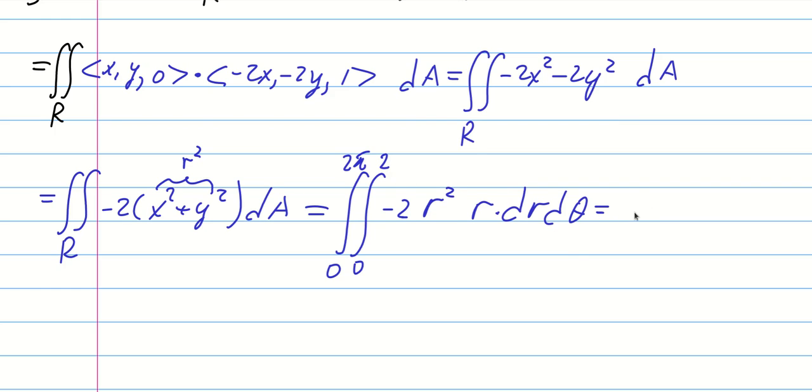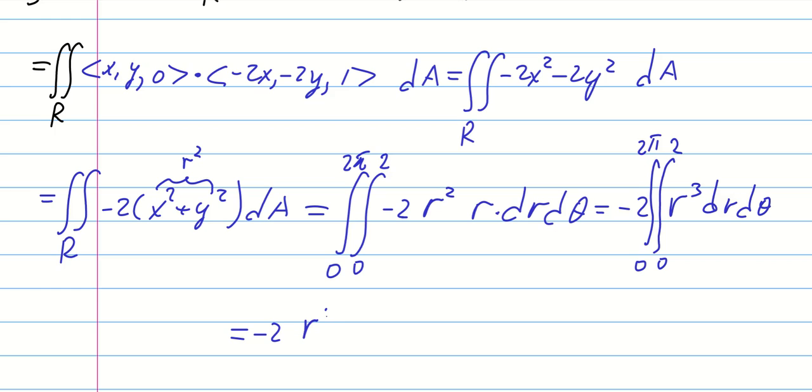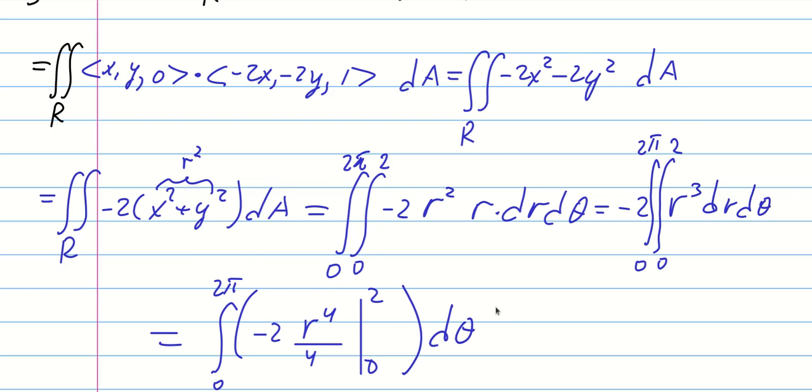We're going to get negative 2 up front, r cubed, and we have a double integral from 0 to 2, from 0 to 2 pi, dr d theta, which is negative 2 r to the 4 over 4, from 0 to 2, and the integral goes from 0 to 2 pi d theta.